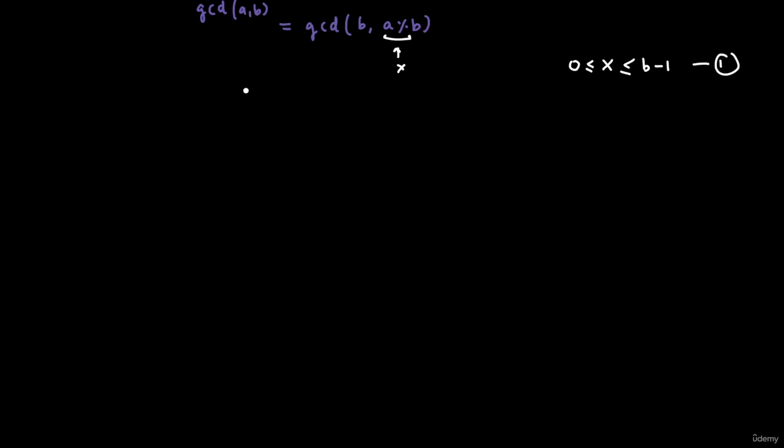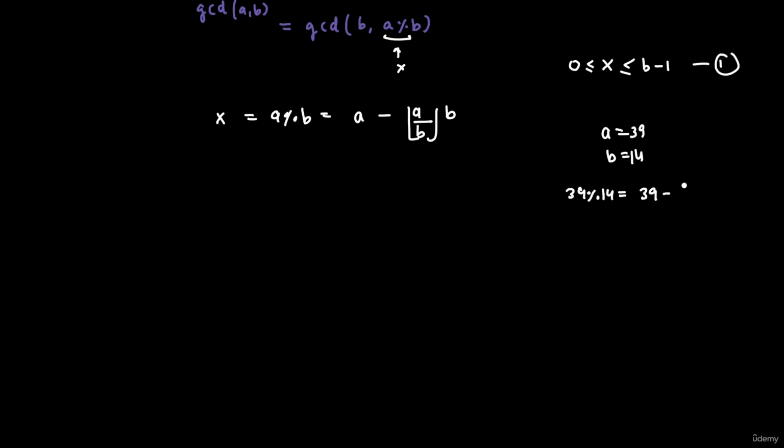Another thing is we can also write a modulus b, that is x, as a minus floor of a by b into b. For example, if a is 39 and b is 14, then we can write 39 modulus 14 as 39 minus the nearest multiple of 14.